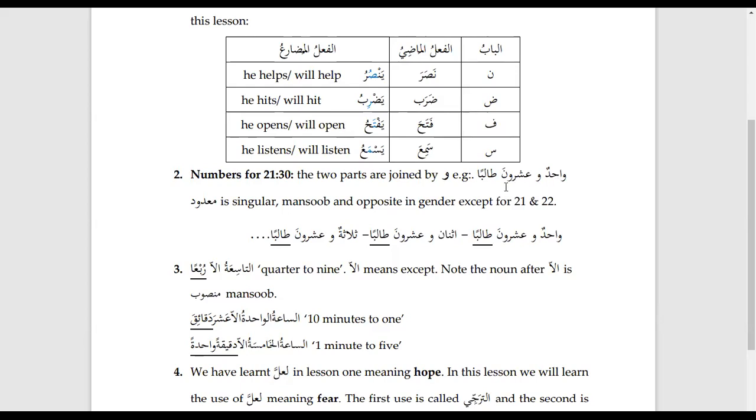So wahidun wa ishruna taliban. The ma'dud is singular and mansub, as we can see here, taliban, and opposite in gender, except for 21 and 22. The numbers like 21 and 22, 31 and 32, 41 and 42, 1, 2, 11, 12, this set will always be equal in number and gender.